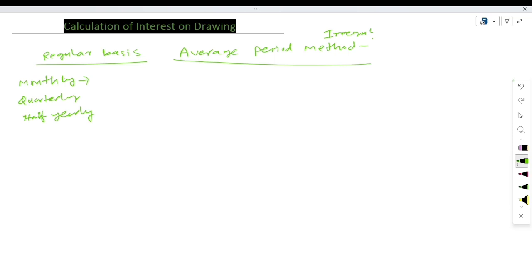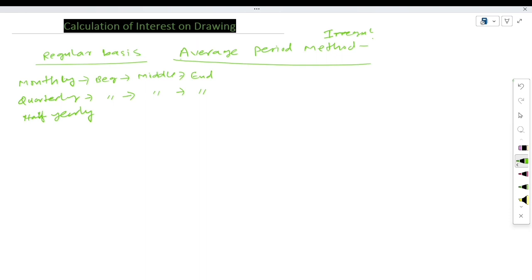He can withdraw the amount at the beginning of the month or middle of the month or end of the month. In the same way, for quarterly, he can withdraw the amount at the beginning of the quarter, at the middle of the quarter, at the end of the quarter.